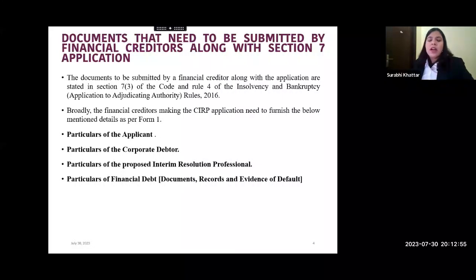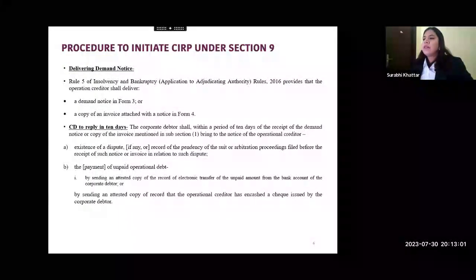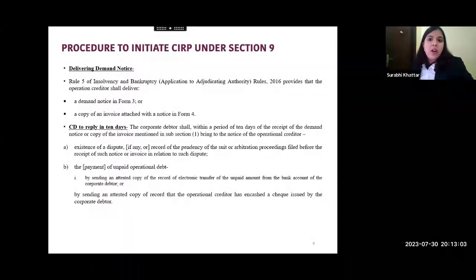Now coming to Section 9. Section 9 includes debt owed to an operational creditor. Now, what is an operational creditor?